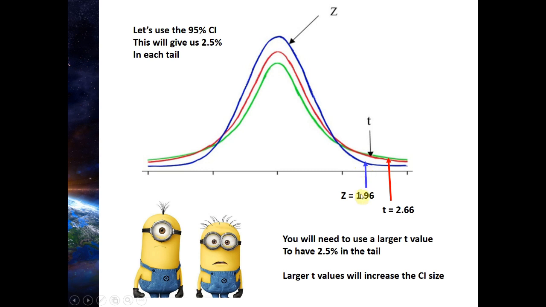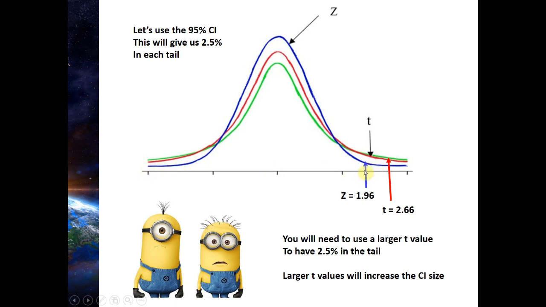So again, for the 95% confidence interval, Z is 1.96, and that's 2.5% on this side. I don't have the actual Z score marked here, but it would be 2.5% on that side.